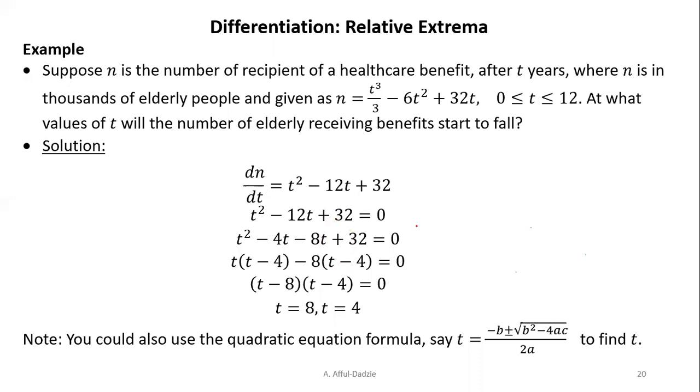Those who went to the international schools will tell you there is a quadratic formula. This is the quadratic formula. I hope you all remember this. Some people call it the almighty formula.